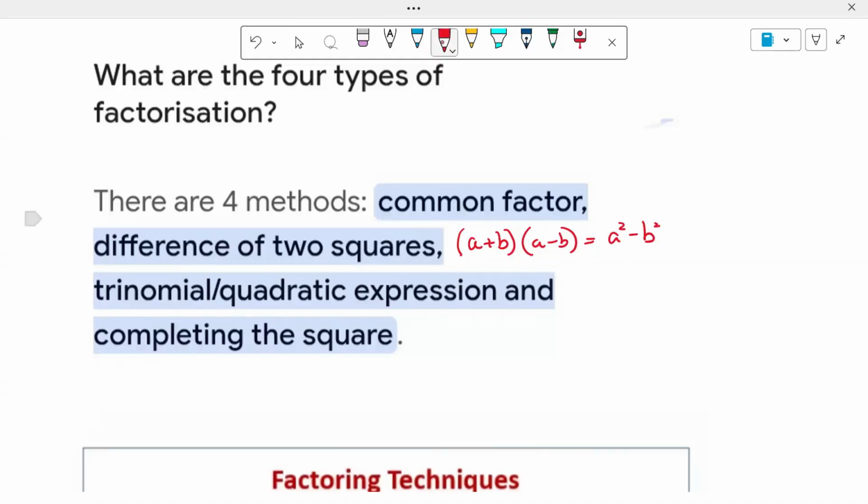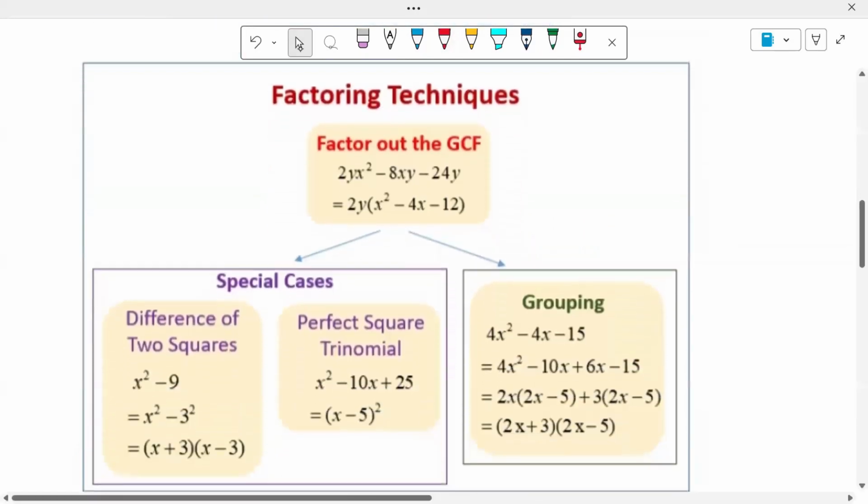This third identity is used. Then trinomial quadratic expressions, in other words breaking the middle term, and then the completing square method. Let's check out quickly the methods.